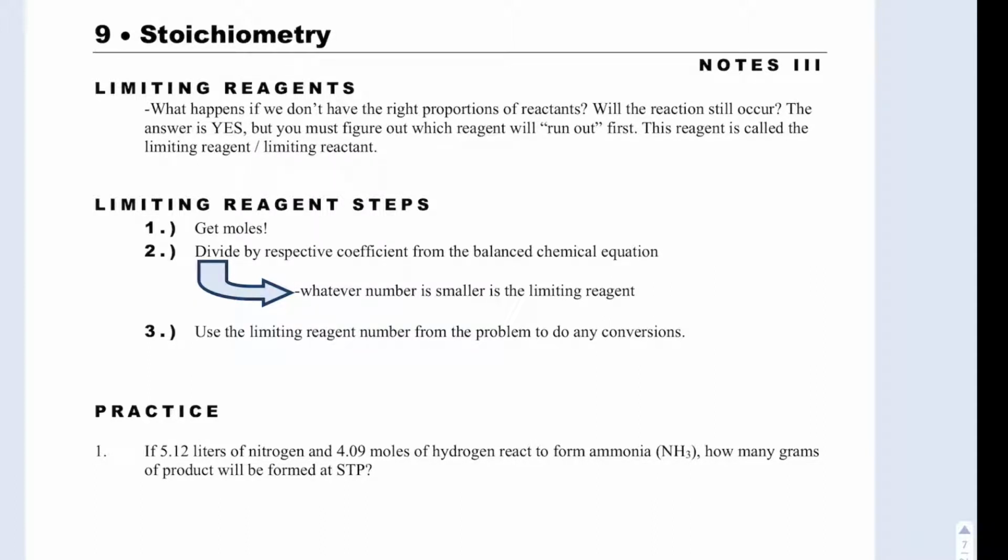So a limiting reactant is what reactant runs out first. Maybe you have a reaction A plus B goes to C plus D, and if A runs out, the reaction stops. Okay, and so A would be considered my limiting reactant.